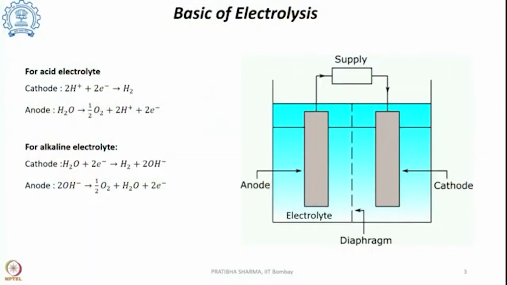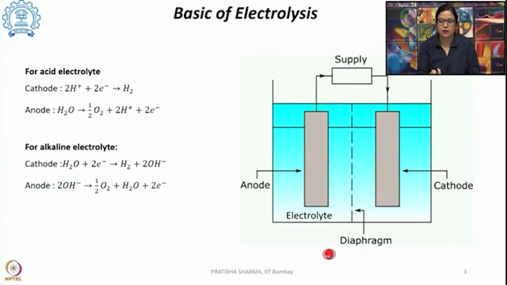If we look at a simple electrochemical cell, which is the smallest unit of an electrolyzer, when combined in different ways it forms an electrolyzer. How we can combine those electrolytic cells we will see in the later classes.